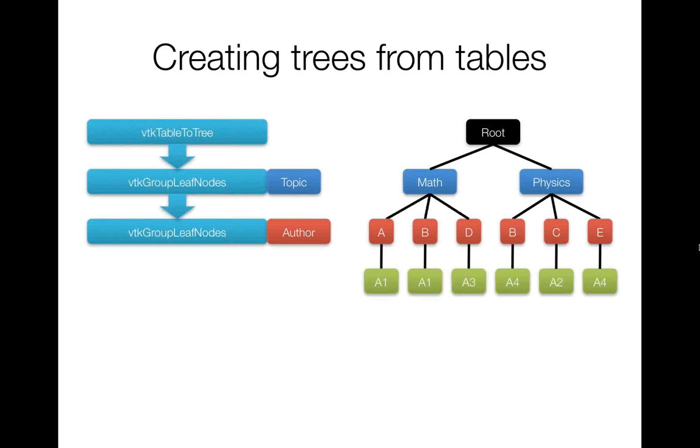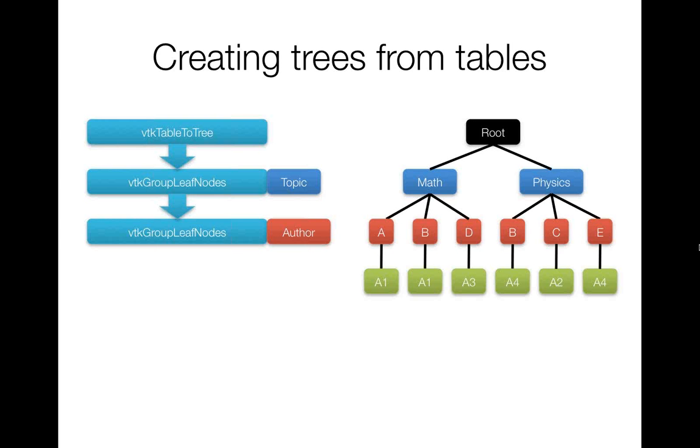For this next example, we're going to look at trees and graphs from the point of view of tables, because really most of the world's data is in tabular form. People have data in Excel or comma-separated files, and even databases are most often in this tabular form. So that's where we're going to start.